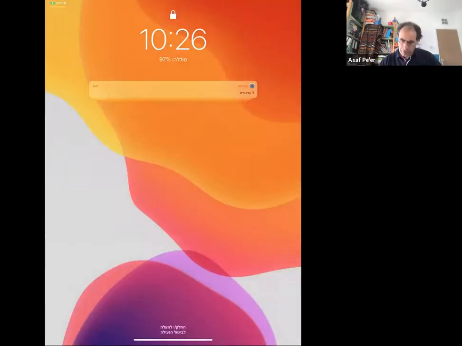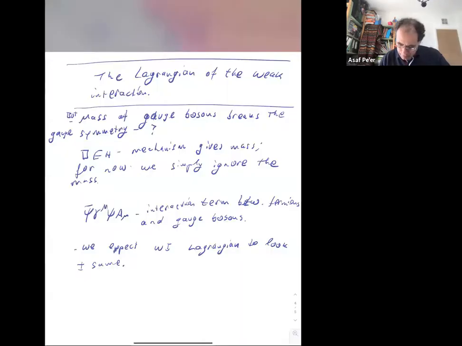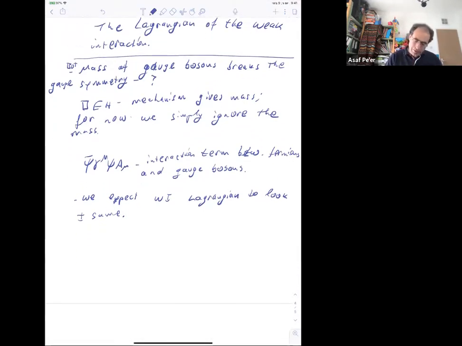What happens here? So the problem is that the interaction term must reflect the fact that we're only coupling left-handed neutrinos.